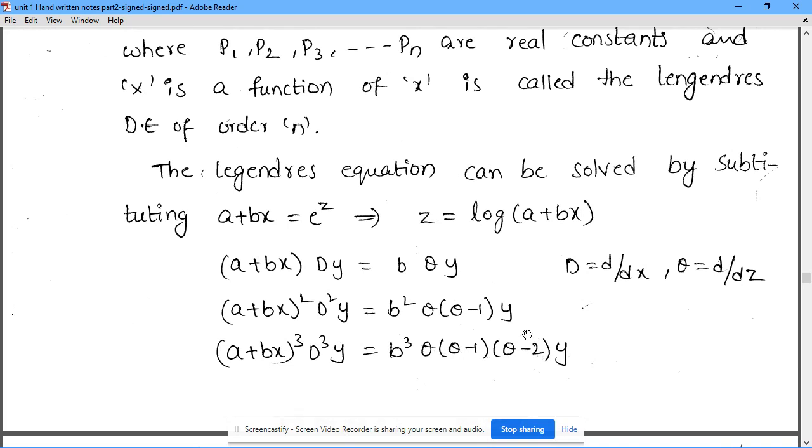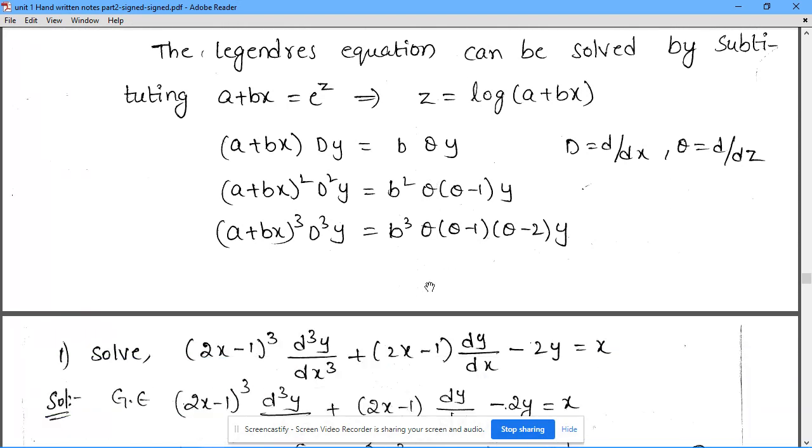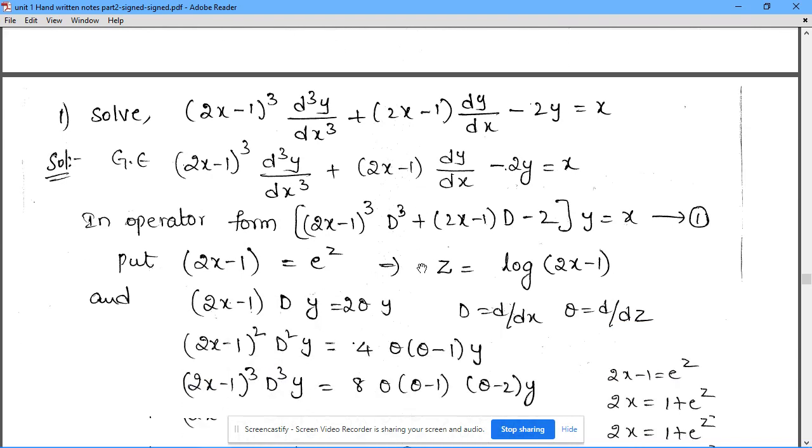So we have to replace these values so that Legendre's differential equation clearly becomes a linear differential equation with constant coefficients. If we do the problem, we can clearly observe how to solve Legendre's differential equation.